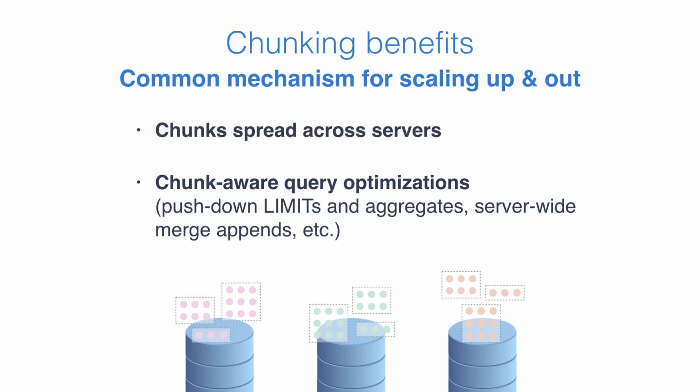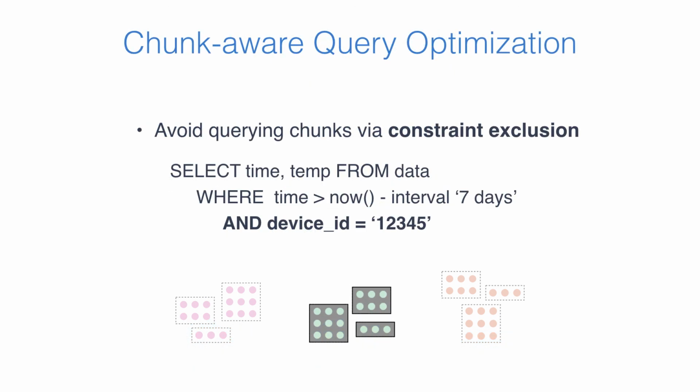On the query side, you also have optimizations you can do, because if your query involves where clauses on your partitioned columns, you can now exclude chunks from your queries and not even touch them during the query.